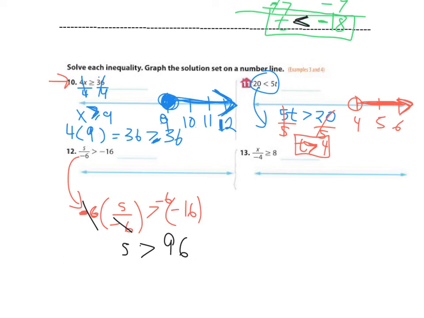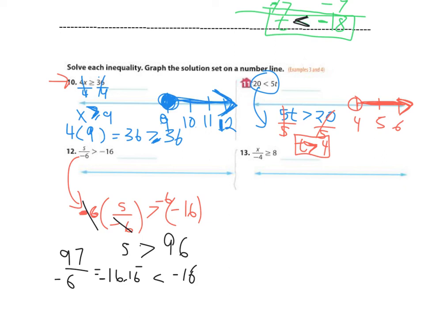Let's say, give me a number, 97, right? 97 divided by negative 6 is going to equal negative 16.16 repeating. And that's actually smaller than negative 16. We need it to be bigger than negative 16. So that's why we can't have numbers that are greater than 96.